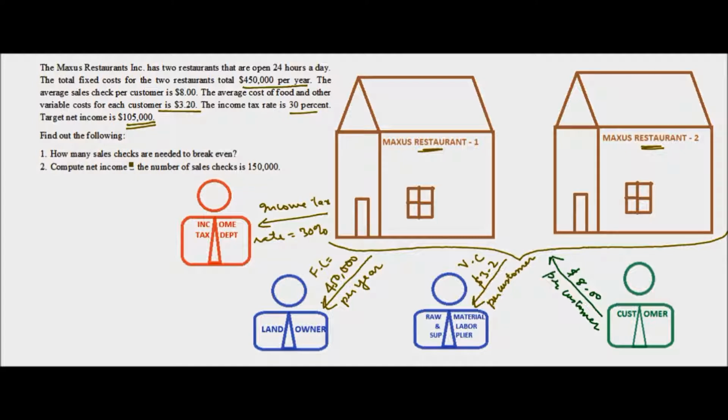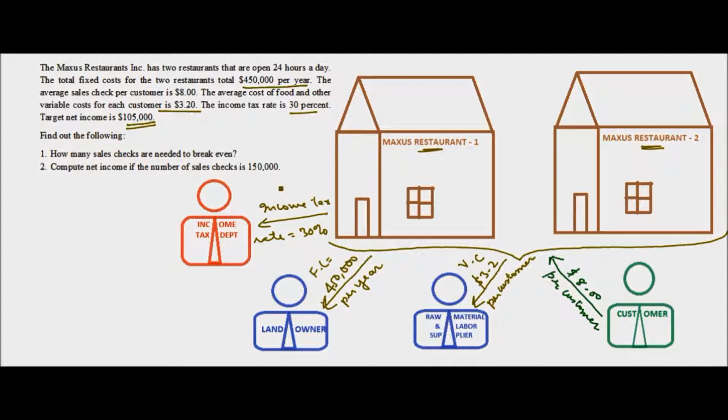Now what we have to find out is how many sales checks are needed to break even. That means how many customers with an average sale price of $8 per customer do we need in order to break even, or in order to recover all the cost. Second, compute net income if the number of sales checks is 150,000.